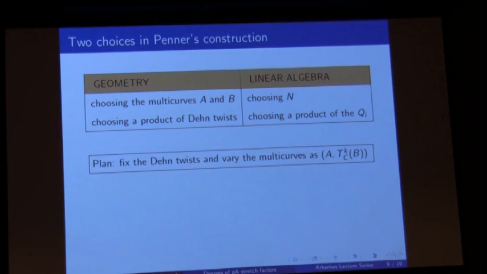So we fix the Dehn twist product, and then we vary the pair of multi-curves in a way that we fix one of the multi-curves, A, and then change the other one by a third Dehn twist. So I have my red curve and blue curve, and I fix my red curve, but the blue curve becomes more and more complicated, more and more entangled with the other curve.